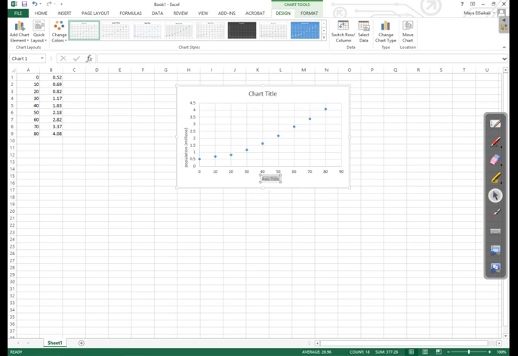On the x-axis, I'm gonna write years since 1921. You have to do that because otherwise I would think it's year 0, which doesn't make sense.